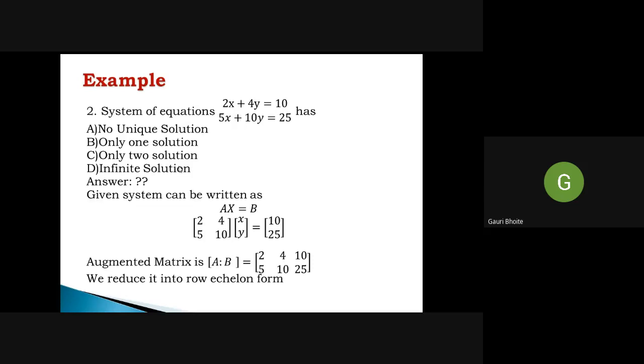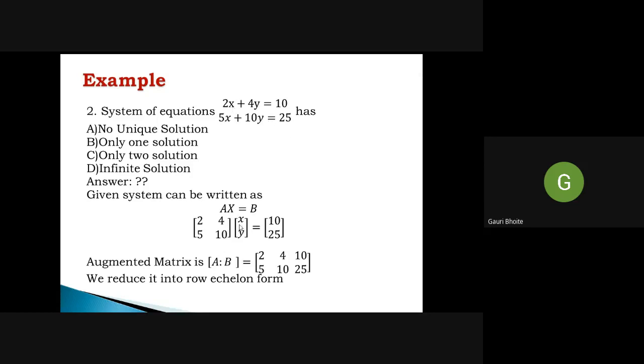We first use its augmented matrix and then calculate the rank of A as well as the rank of AB. So I rewrite the given system into matrix form. The first row is the coefficients in the first equation, so 2 and 4. The second row is the coefficients of the variables in the second equation, so 5, 10.